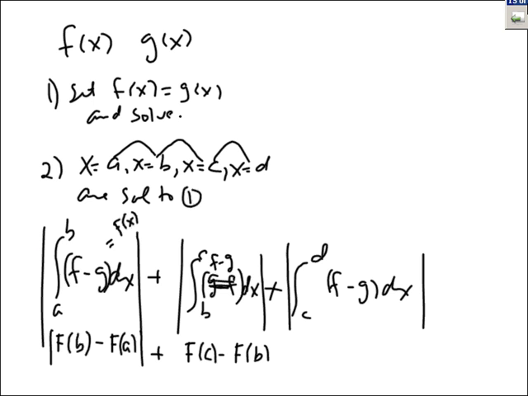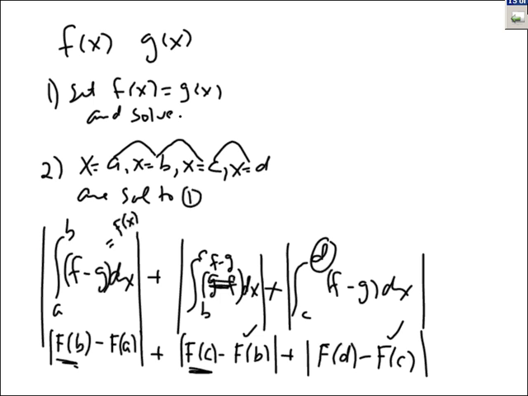Oh, no you don't. You have F for b, it came for free, and absolute value. And then you have to find big F for d, and take away big F for c. Oh, no you don't. We already found F for c. So some of the work has already been done in the previous step.